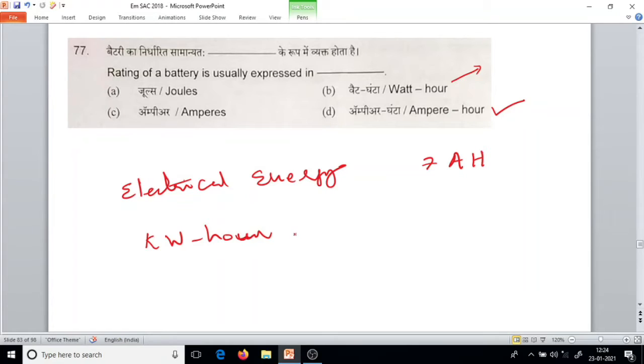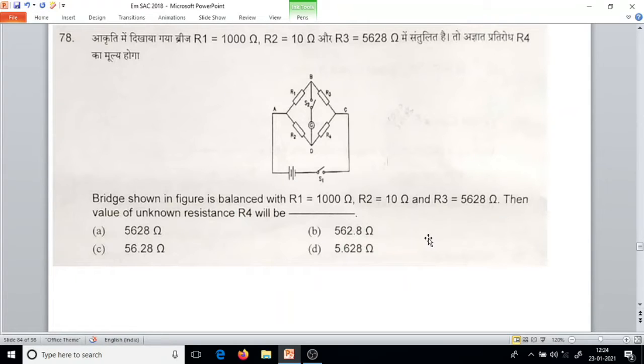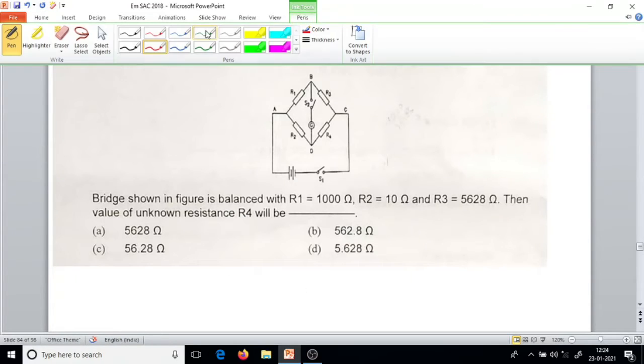Kilowatt hour can be called a unit. One unit. They will call it 1 unit. And as per how many units we have used, the electricity board will bill us. Question number 78.